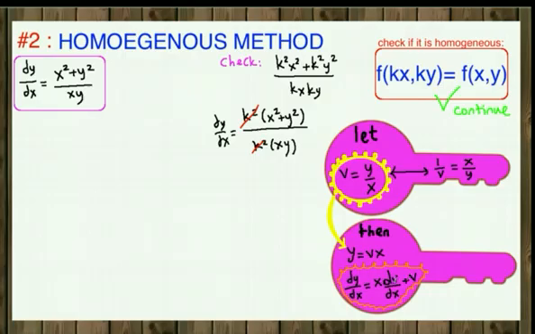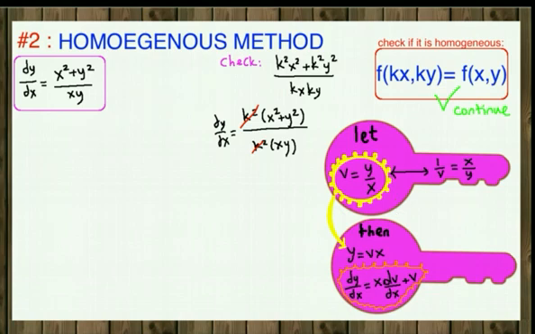So if you use the product rule, what you're going to get is dy dx equals x times dv dx plus v, from the y equals v times x equation. Those are the key components that we're going to use in the homogeneous method. So you need to be very fluent on these keys because you're going to use this again and again.